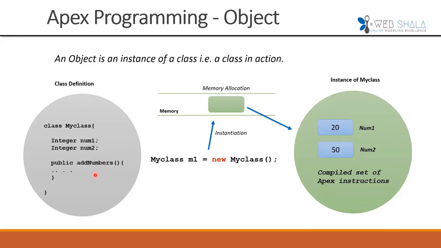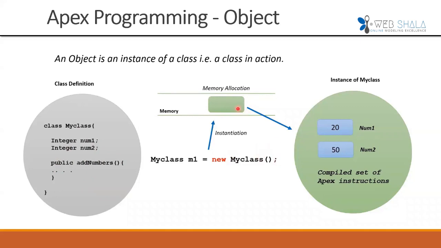So whenever I write equal to new class name with the brackets, I am creating a new memory space for it. With that new memory, I will be able to do all the operations which I have written inside the class.